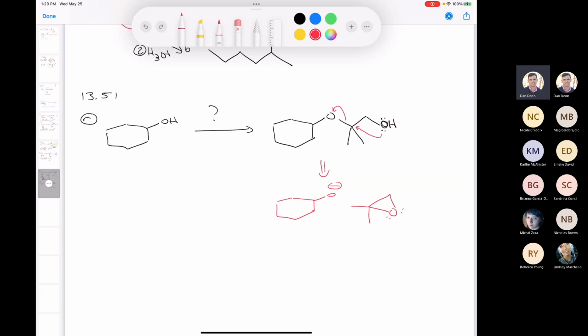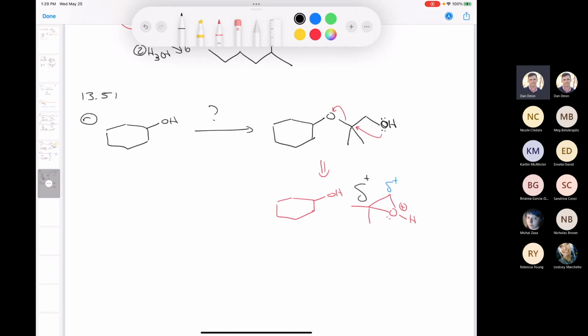So how would you get these things to react with one another? Well, if we had this alcohol, this alcohol is not a strong nucleophile, but if we treated this oxirane or this epoxide with acid, then we would make the oxonium. And if you look at the carbon where I'm putting the blue delta plus, it's going to be a weaker electrophile than the carbon with the black delta plus.